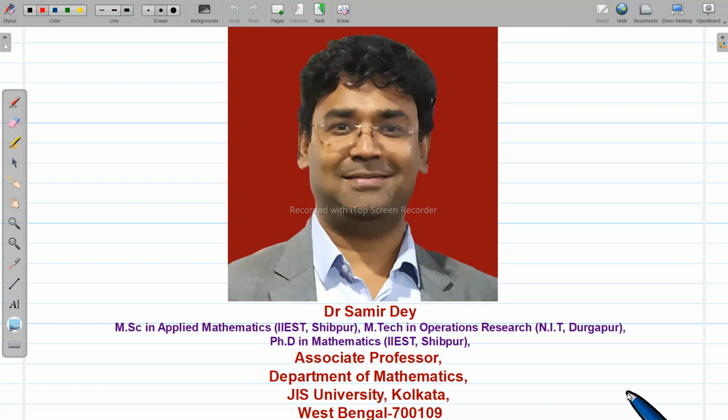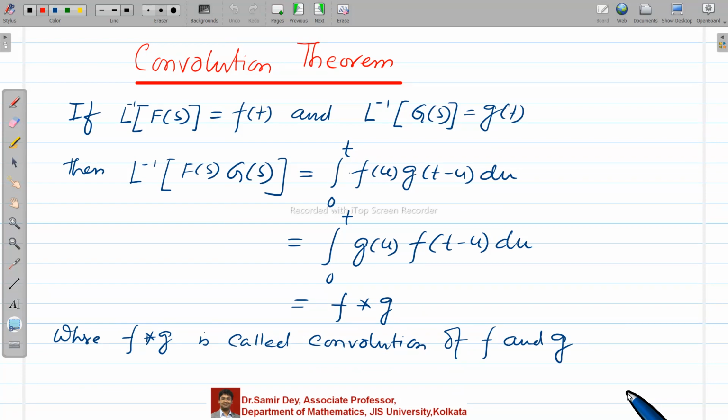Today, I'll discuss another new topic, that is called convolution theorem. What is the statement of convolution theorem? If L inverse of F(s) equals f(t) and L inverse of G(s) equals g(t), then L inverse of the product F(s) G(s) equals the integral from 0 to t of f(u) g(t minus u) du, or the integral from 0 to t of g(u) f(t minus u) du, which equals f star g.